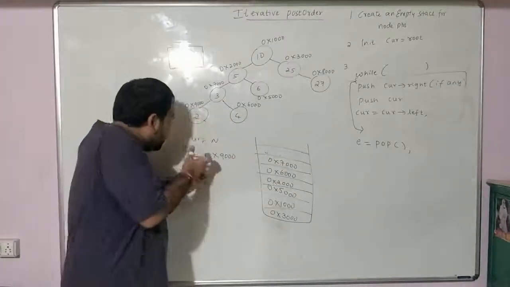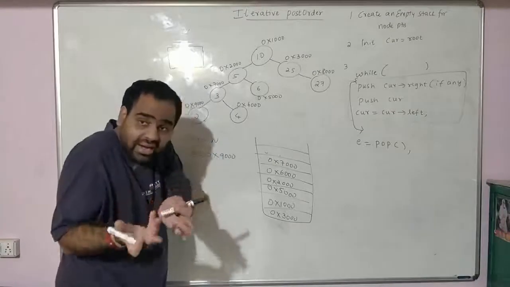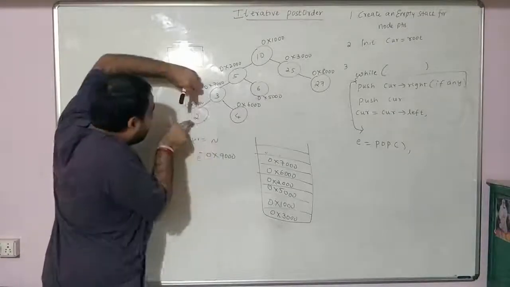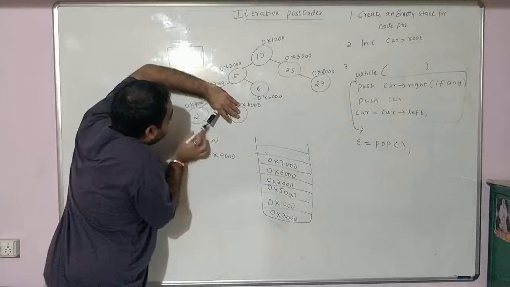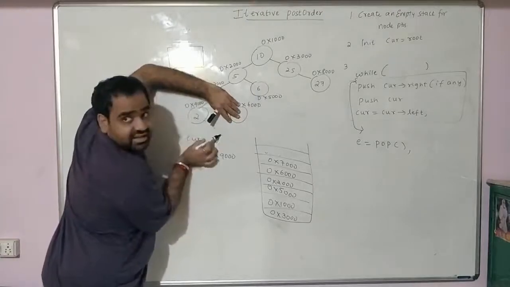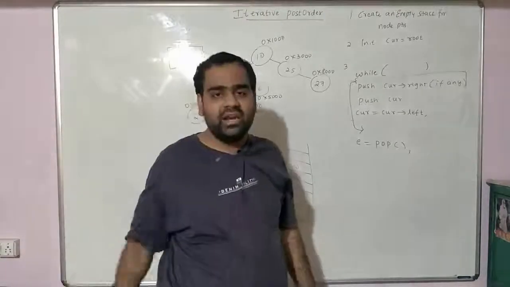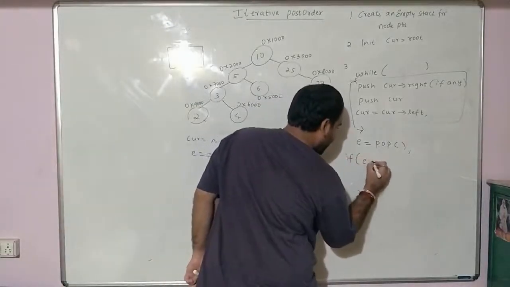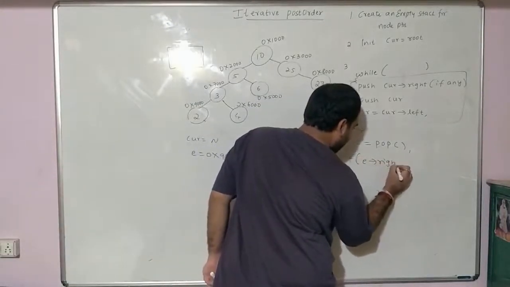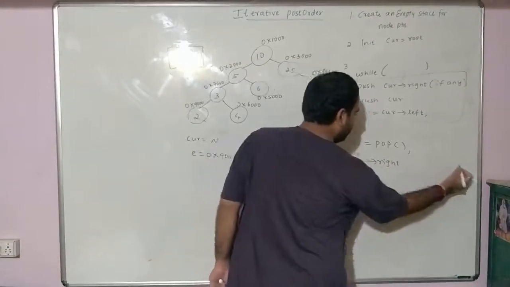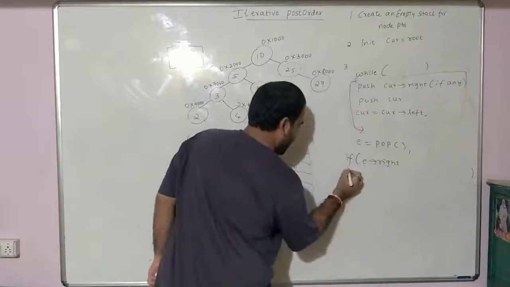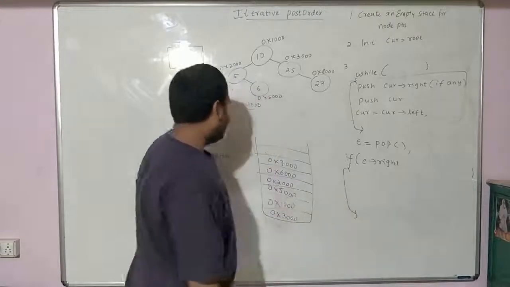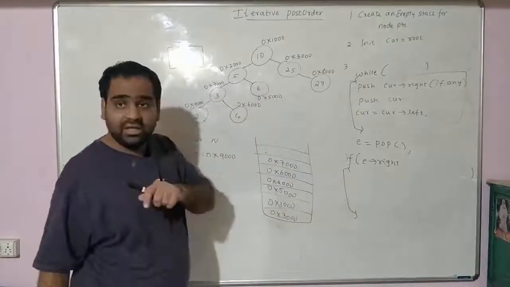Now you have to check, does the popped item have a right child? Why? Because 9000 is the root for us. Is there any right child? If there is any right child, you have to process the right child first. Therefore, what do we write? If E arrow right is not equal to null, then we have to process something. Now, as of now, what is the value of E arrow right? 9000 arrow right is null.